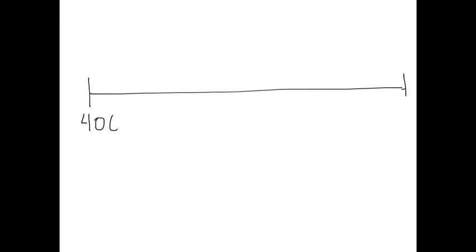Now we're going to move on to remember what rounding is. Remember, when we've rounded with whole numbers before, for example, we have a number line with the number 400 and 500, and say we want to round 437 to the nearest hundreds place.